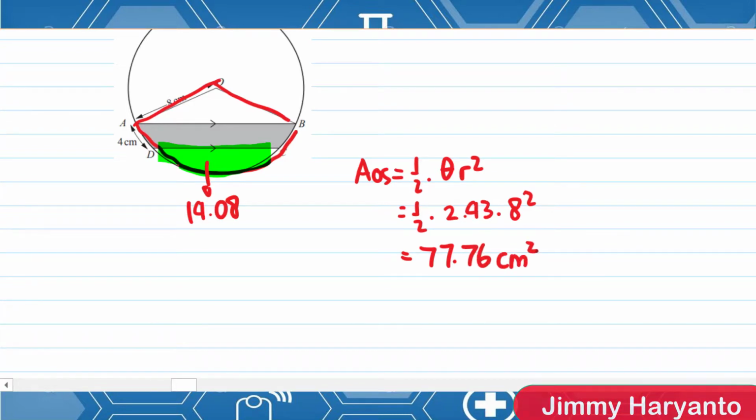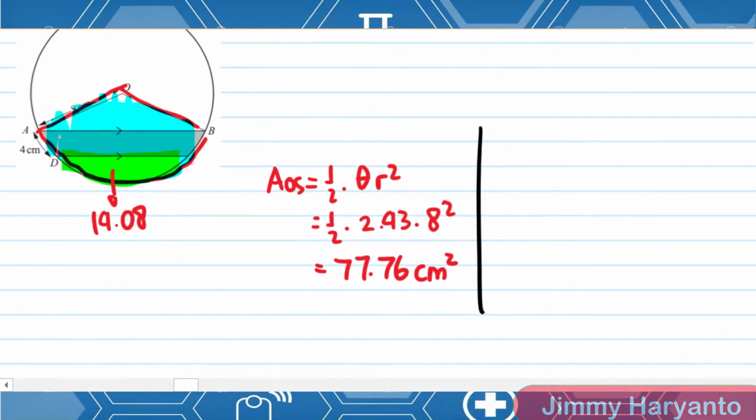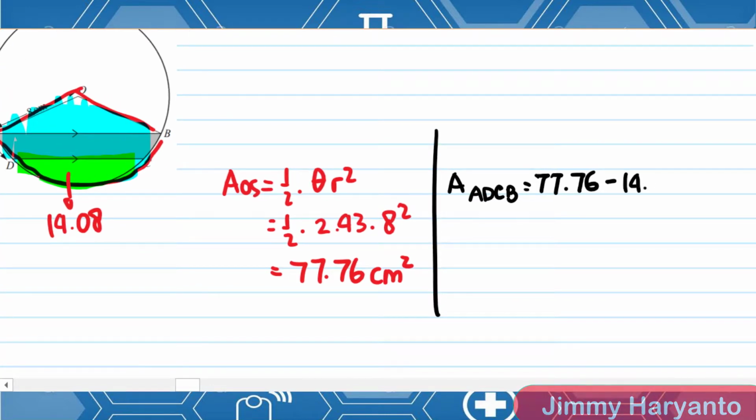centimeter square. After that, we already have this area, all of it. If you want to find the gray one, it will be the area of A, B, C, B equals 77.76 minus 14.08.